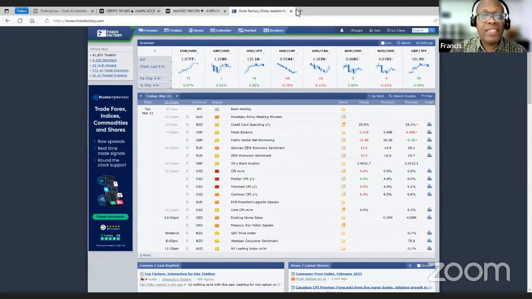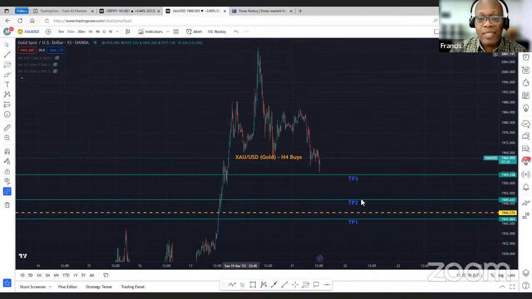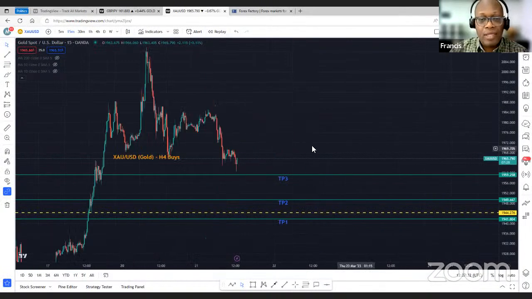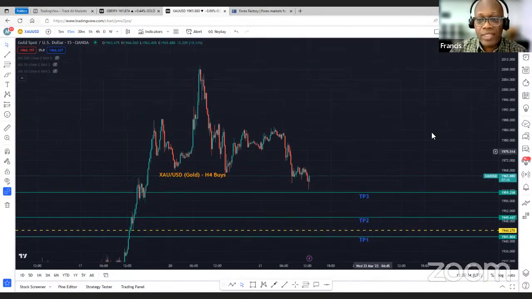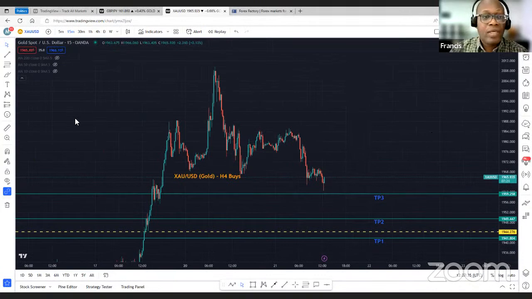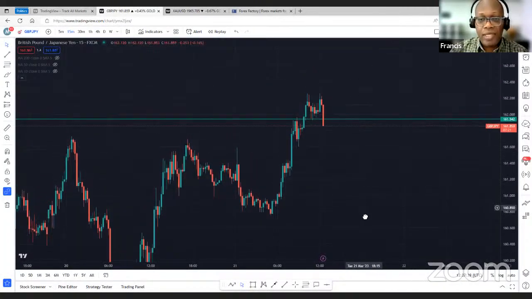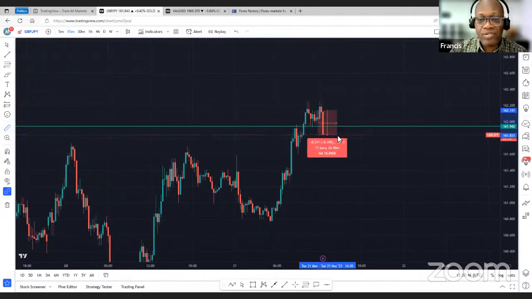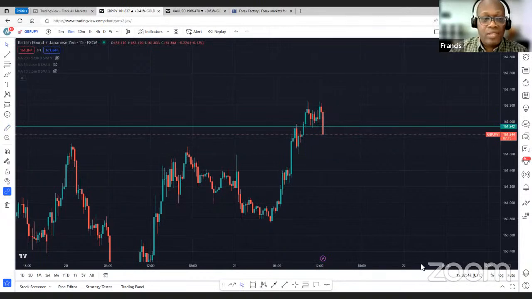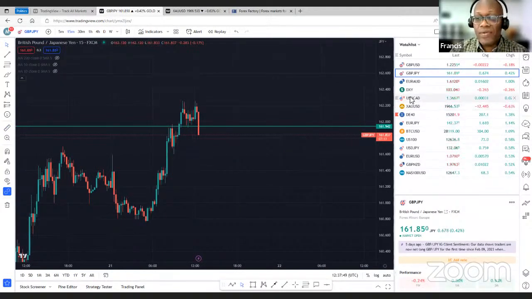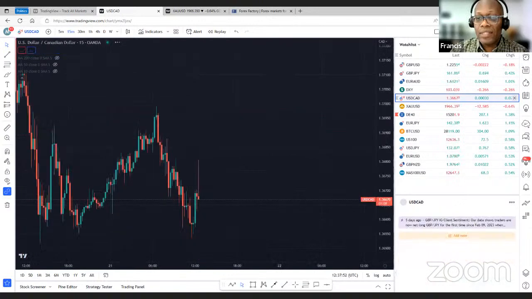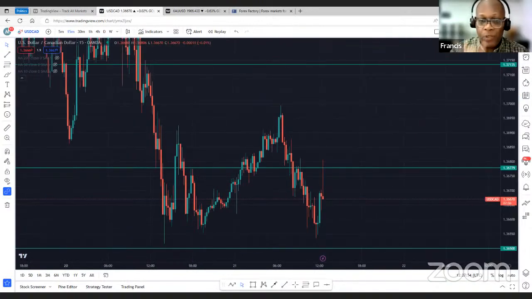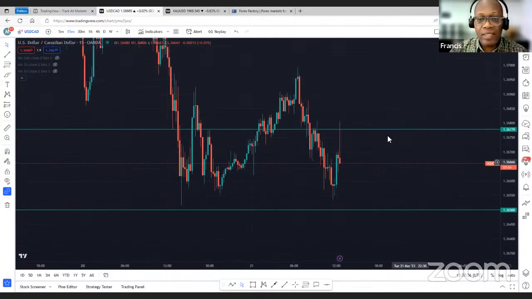Let's see if it affected anything. Well, this is gold. It surely did not affect gold. GJ, did it affect GJ? Maybe, maybe. This is the 15-minute time frame. GJ has dropped by 30 pips. So maybe it has affected GJ. Let's try USD CAD. Oh, okay. I can see that there.